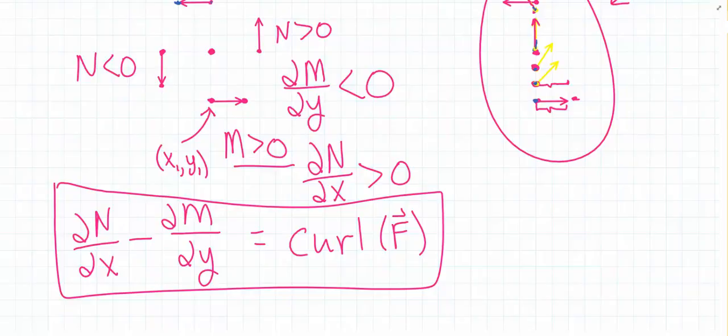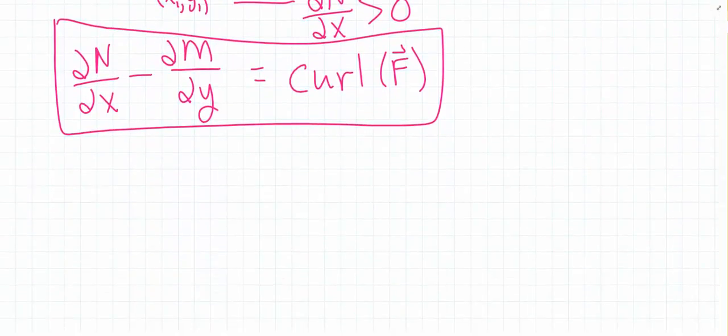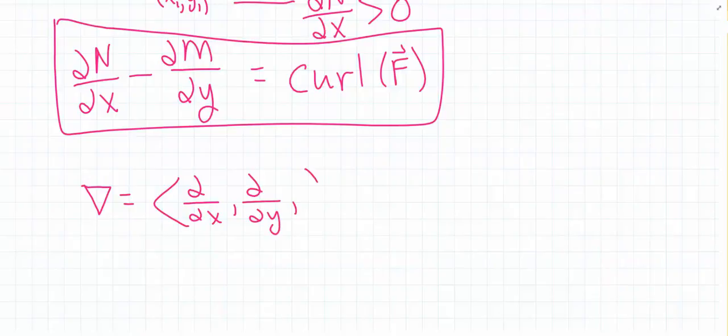Now what we want to look at is, well, what about R3? Now I'm not going to go into as much detail for R3, but here's what we're going to do. To calculate the curl for R3, we're going to use del. And remember, del is this differential operator. We're going to apply that to a vector field with cross product. We're using the cross product as a way to remember the formula for calculating curl.